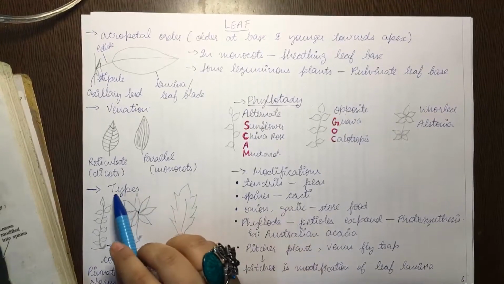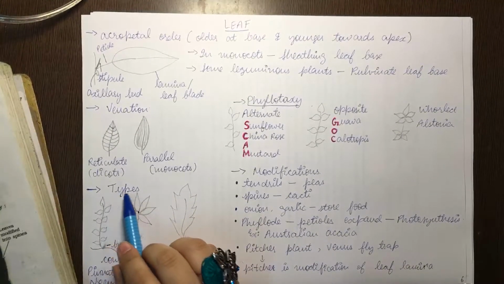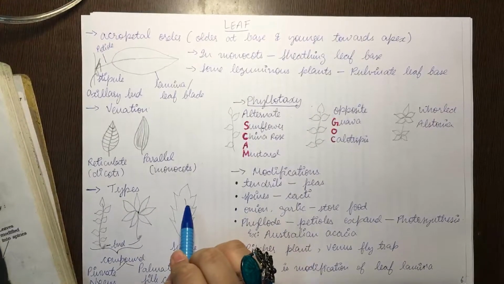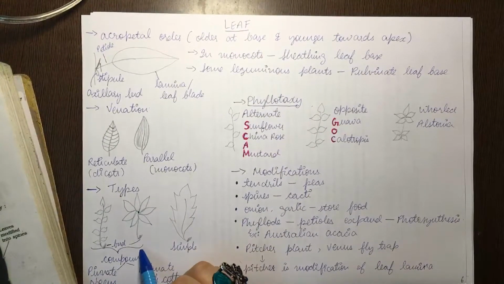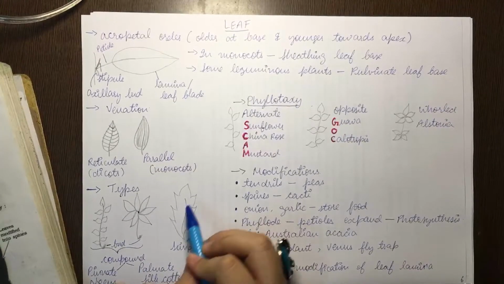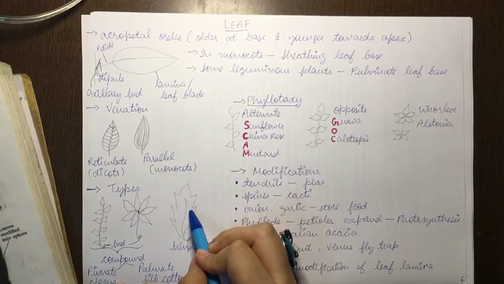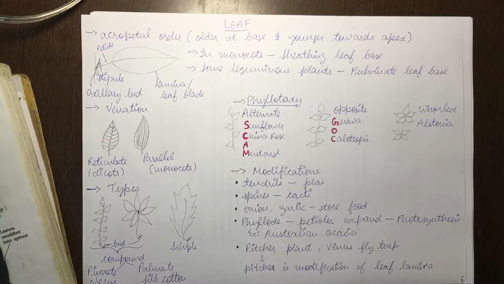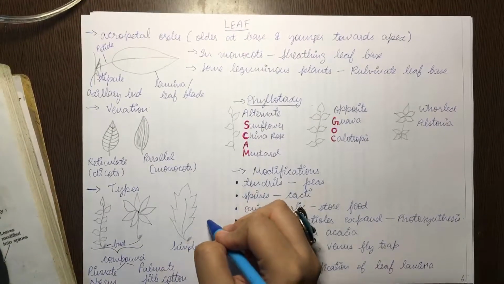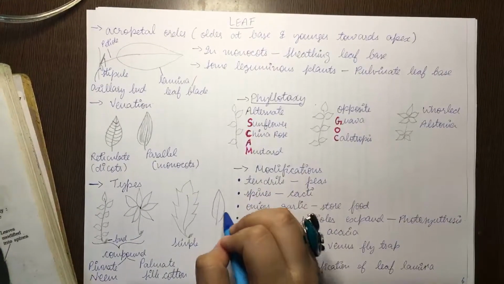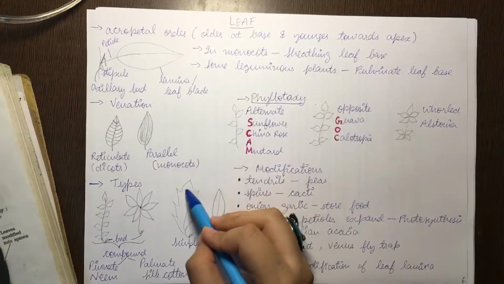Now, there are different types of arrangements of leaf. This one is simple and these are compound. A leaf is said to be simple when its lamina is entire. By lamina is entire, we mean something like this, or when it is incised.